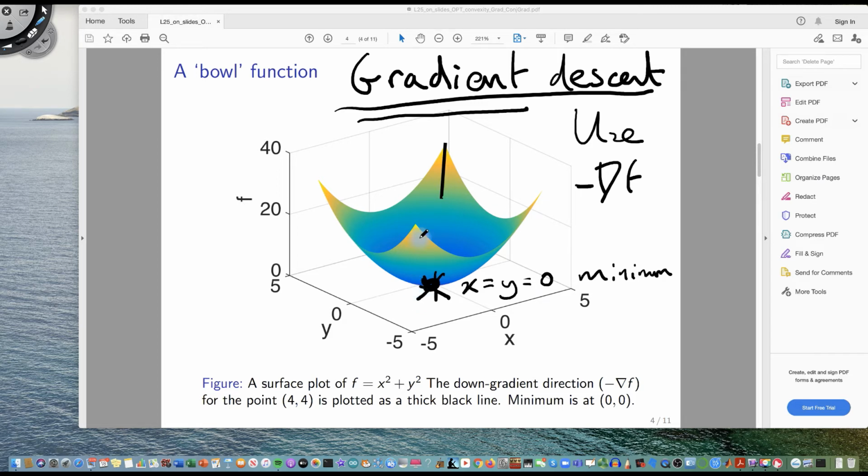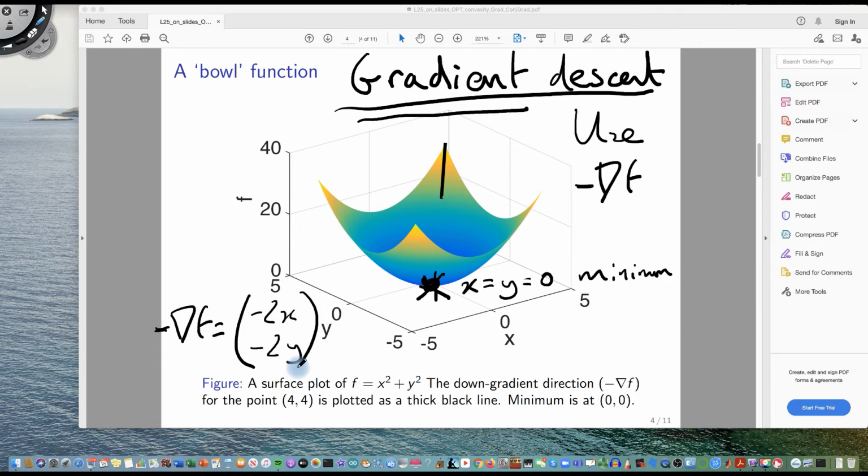And then I've constructed the direction here. This was done in MATLAB. Just calculate what minus grad f is. Grad f in this case is a vector, so minus grad f is minus 2x, minus 2y, because grad f is 2x, 2y.